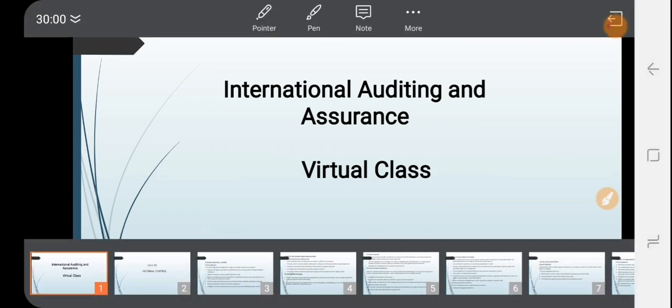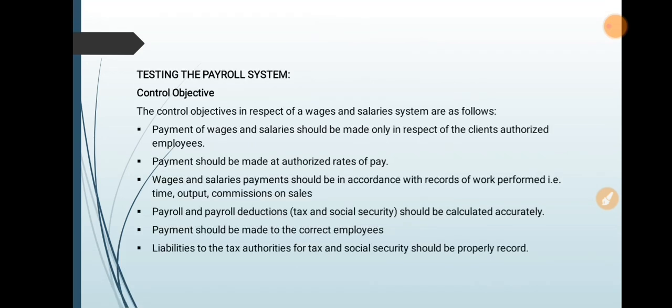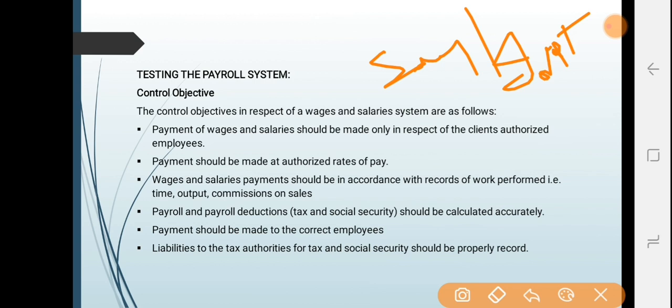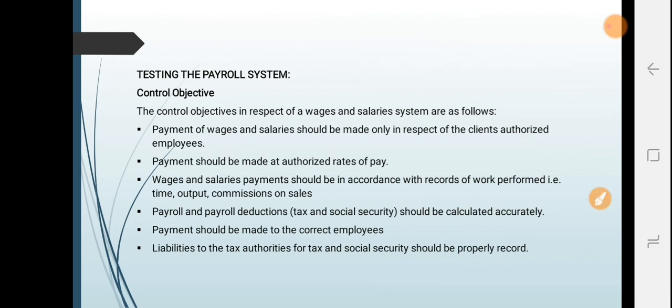See, in the last video we have discussed the control objective and control procedure for non-current asset, sales as well as inventory system, right? So in this video also we are dealing with the control objective and control procedure with respect to other things.